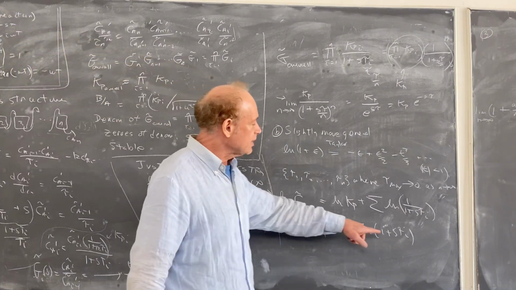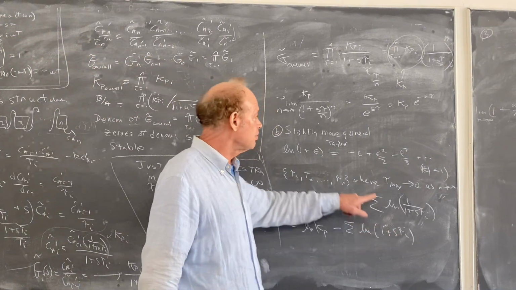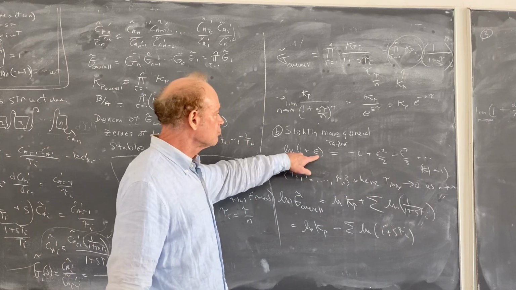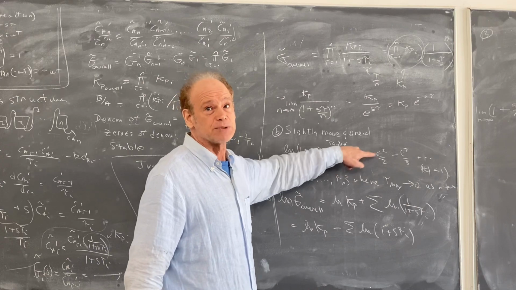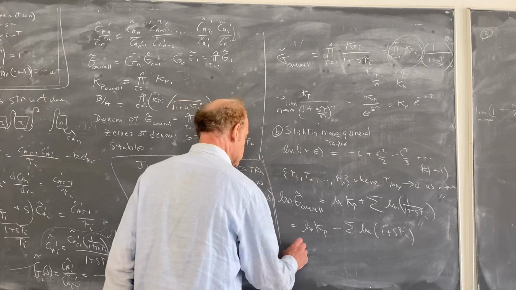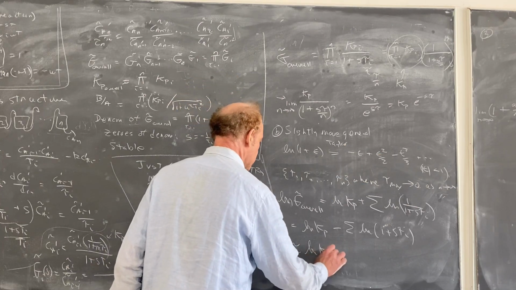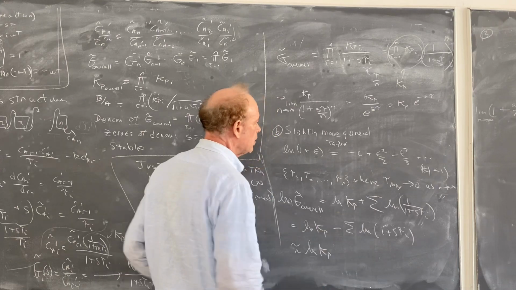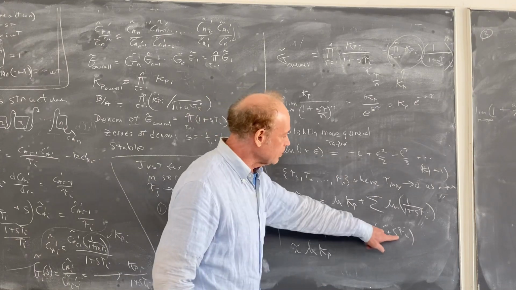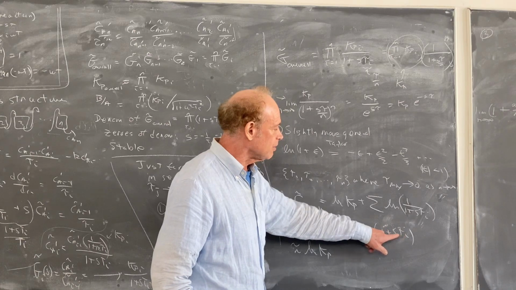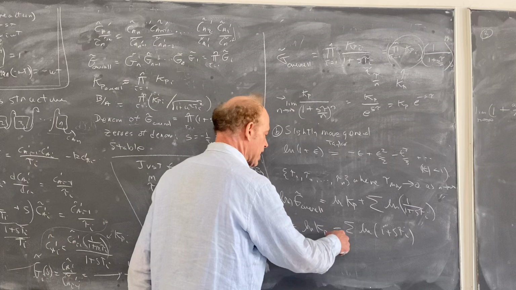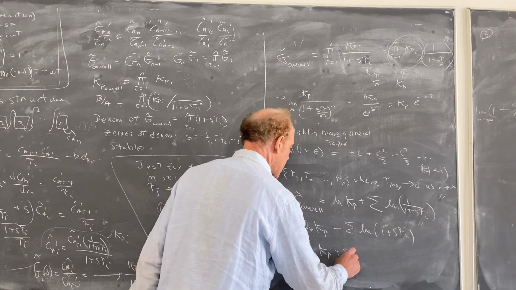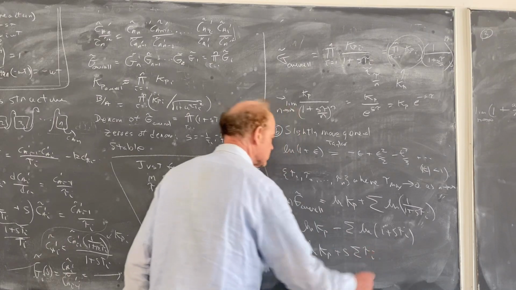It's good to know why we're doing something before we do it. Now, since the tau i's are going to 0, I can use this result. The log of 1 plus epsilon is epsilon plus something else. So this is approximately equal to the log of Kp. And now 1 plus s tau i, if the tau i's are going to 0, this thing looks like s tau i.